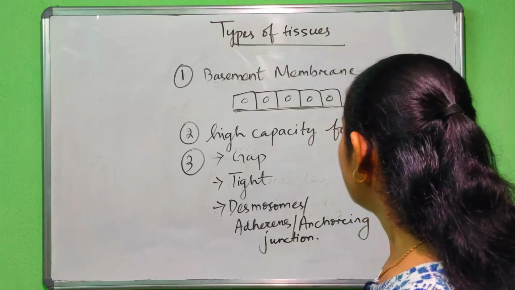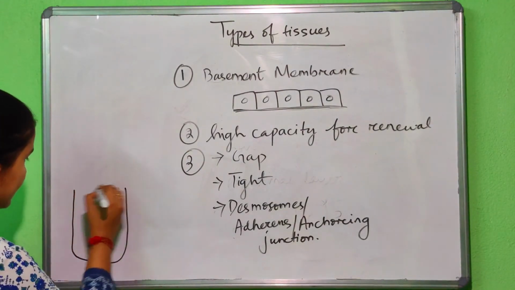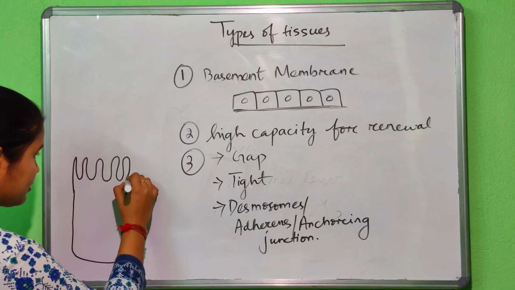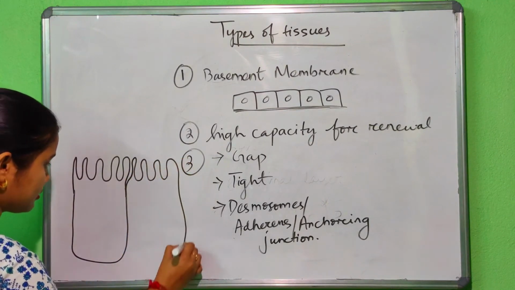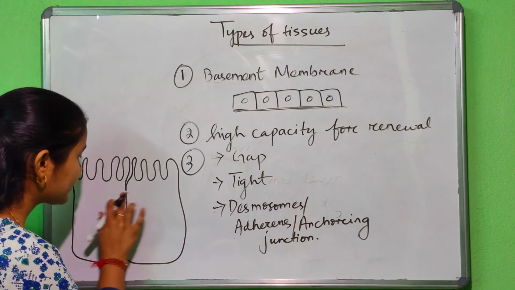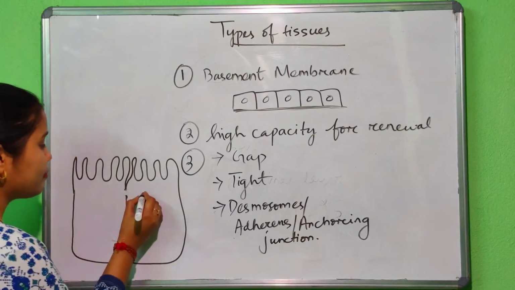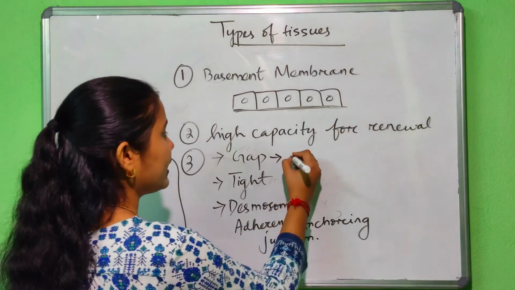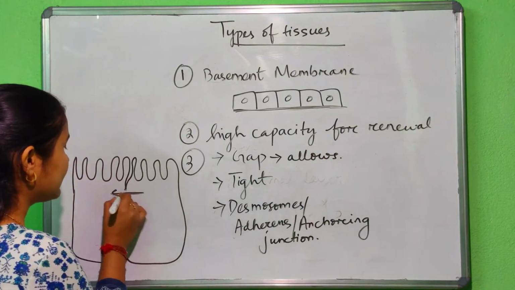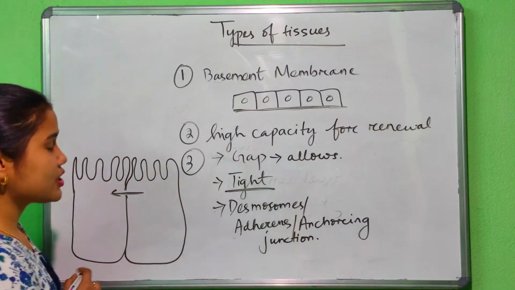Clear? So consider this as an epithelial cell. What is a gap junction? The junction through which any molecule or ion can pass. So it allows the passage of molecules and ions through the cell. Clear? Now come to the tight junction. What does the tight junction do?